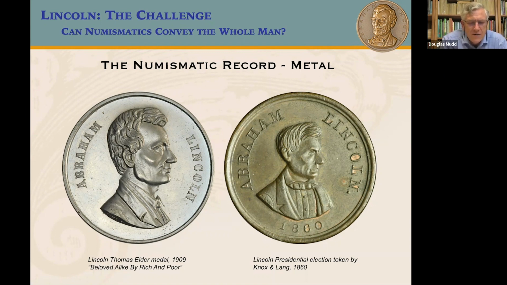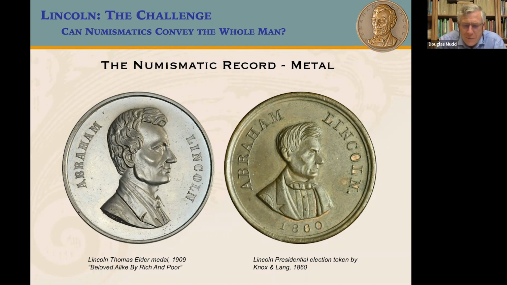So it's nicely done. Perhaps not as realistic as some, but it captures the essence of his features, as well as imparting a youthful air that you don't really see in any of the photographs or most of the other images.